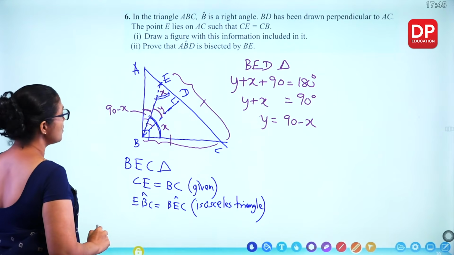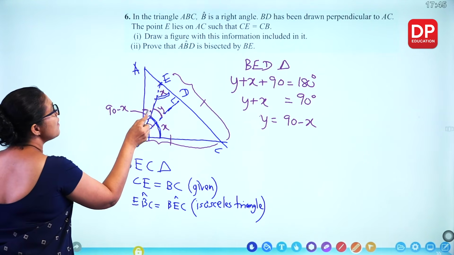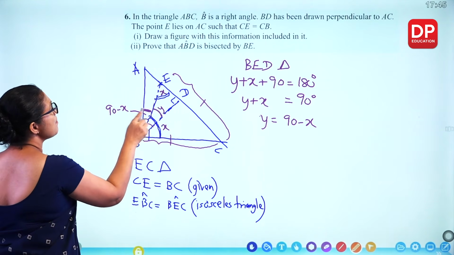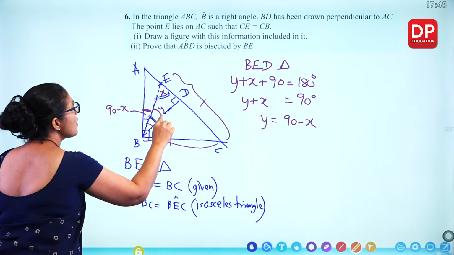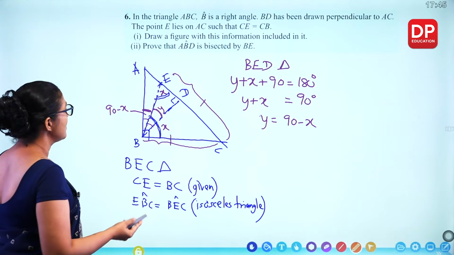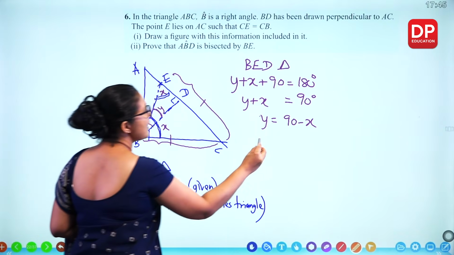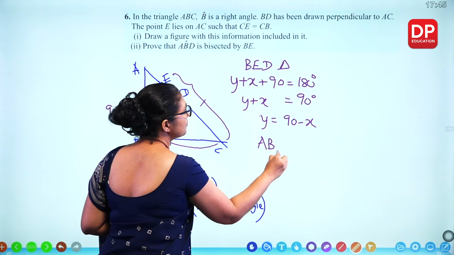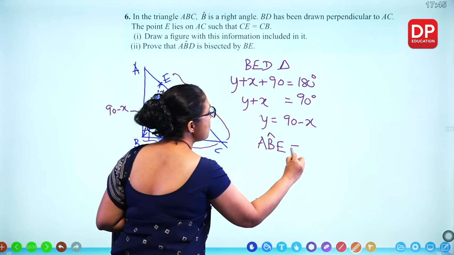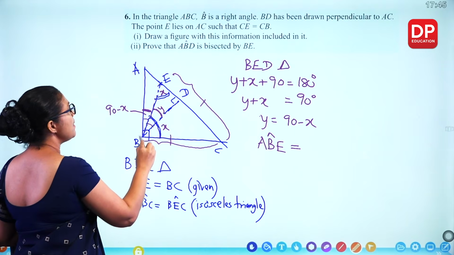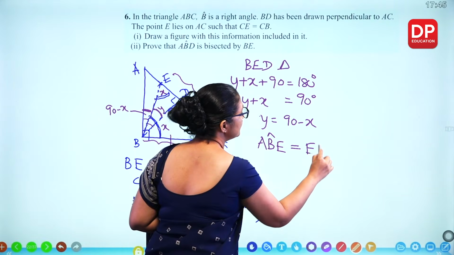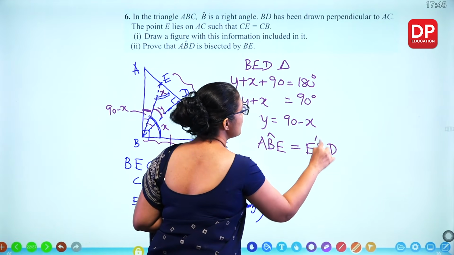So what can you see? You found this angle is also 90 minus X. This also 90 minus X. So you can write down ABE angle is same as EBD angle. So what can you say about that?